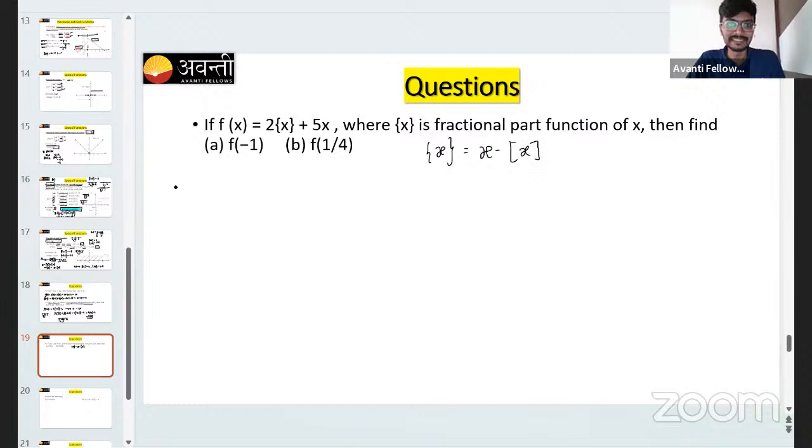So if I write, my f of x will be 2 into x minus step of x plus 5x.